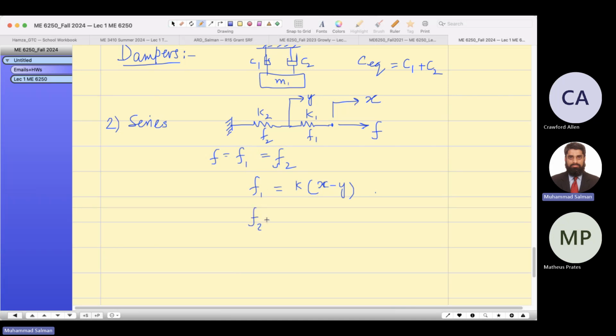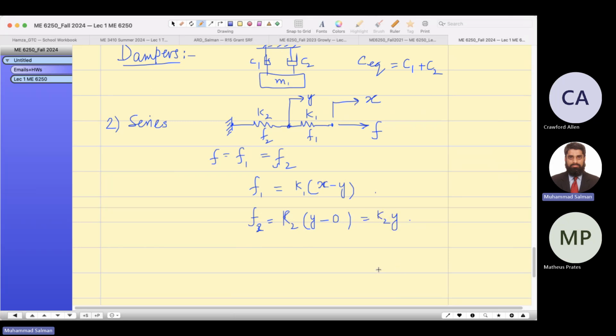So F2 equals, look over here, this end is moving, but this end is grounded. If I keep the same formula, this is k1, and this is for k2. So if I do the same formula, y minus the other end, which is not moving, it will be k2y. You see my point, guys?